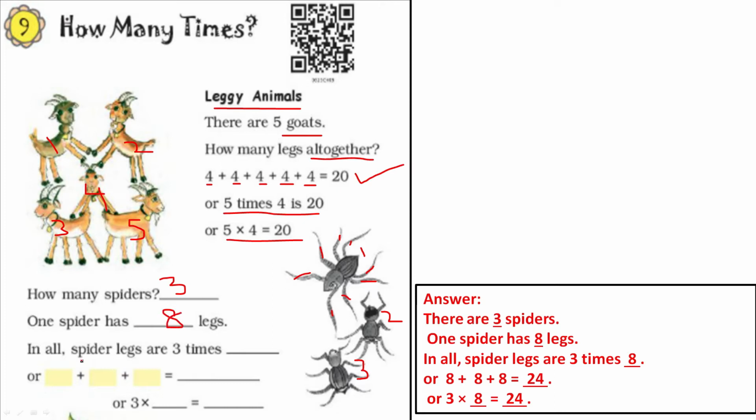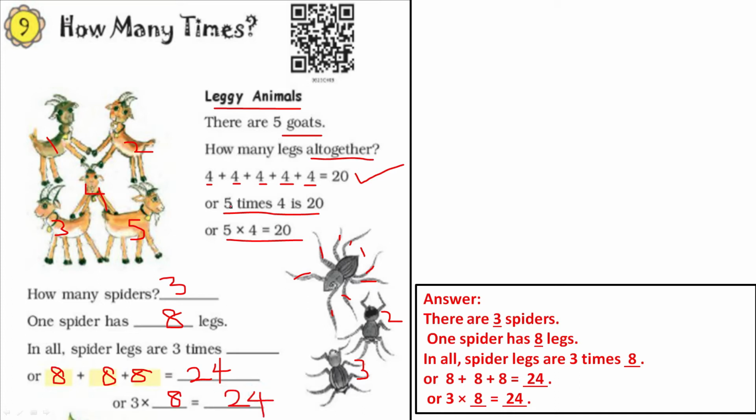So in all, the spiders' legs are 3 times 8. So 8 plus 8 plus 8 is equal to 24. So 3 times 8 is equal to 24.